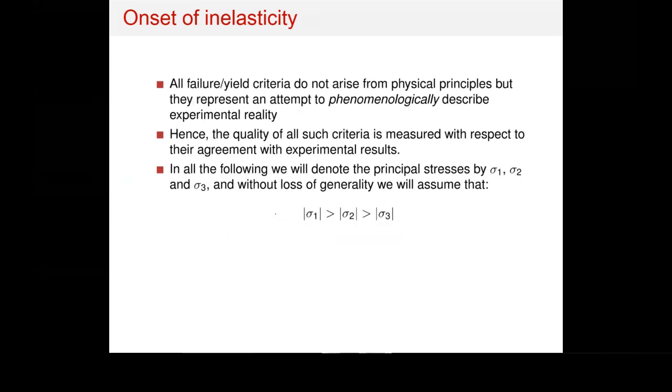Okay. The failure criteria I'm going to describe next are basically based on observation. There are no theoretical reasons why we pick them. We pick them only because they describe the material behavior accurately. So we are going to see that Tresca, von Mises, for example, or Rankine criteria, are useful for certain scenarios. In certain scenarios, they would really describe the material behavior.